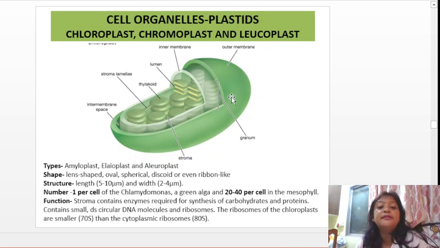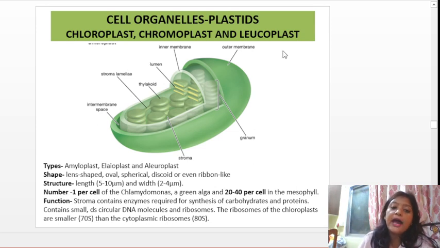Moving on to the next part, that is the plastids. Remember one more thing, plastids are present only in plant cells, not in animal cells. Plastids may be of three types: chloroplast, chromoplast, and leucoplast.